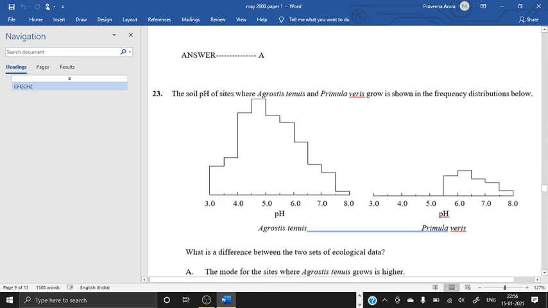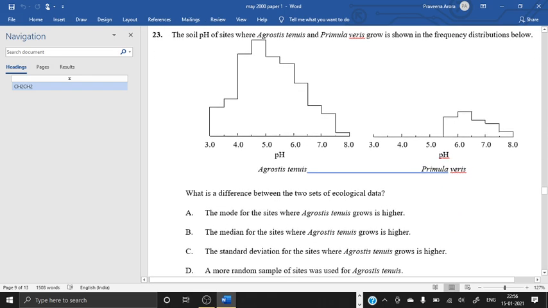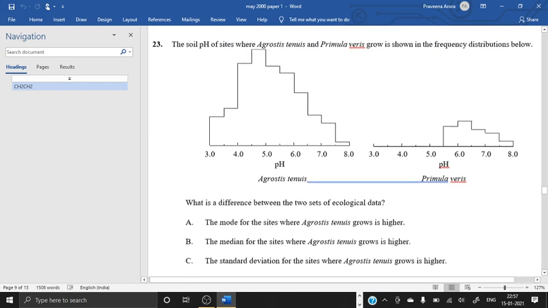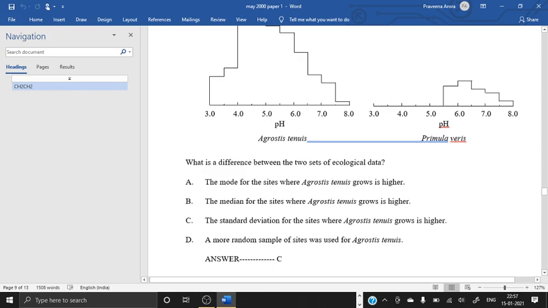Then is the 23rd question. The soil pH of sites where Agrostis tenuis and Primula veris grow is shown in the frequency distribution below. What is the difference between the two sets of the ecological data?